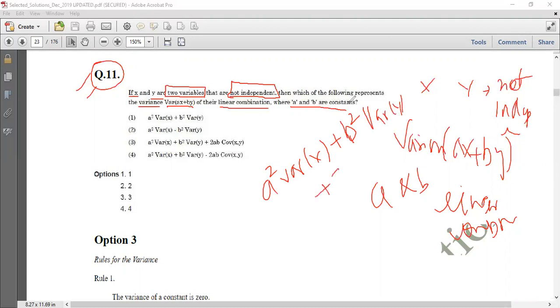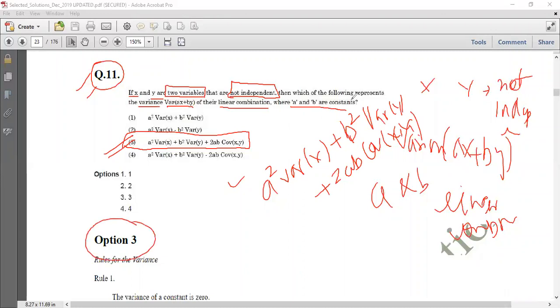Plus 2ab, then the covariance of x and y. This is satisfied by option number 3 in our question. As you can see, we have a square variance of x plus b square variance of y plus 2ab covariance of x and y. So option number 3 is the correct answer.